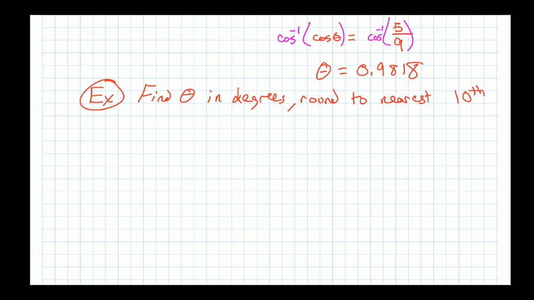All right. So again, there's nothing really special here. This is just going to be the same thing. The only difference that we're going to have here is that they are specifying that we answer in degrees.